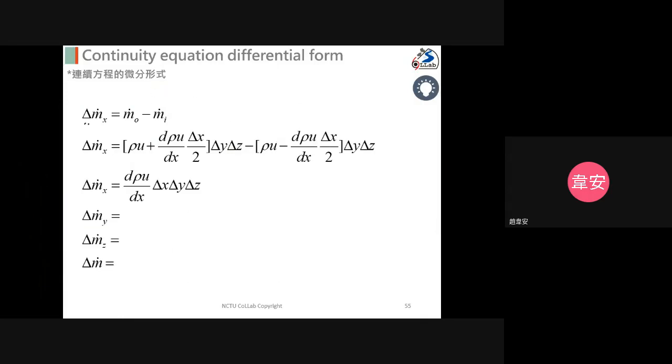There is a net outflow, so we need the outflow mass rate minus the inflow mass rate.